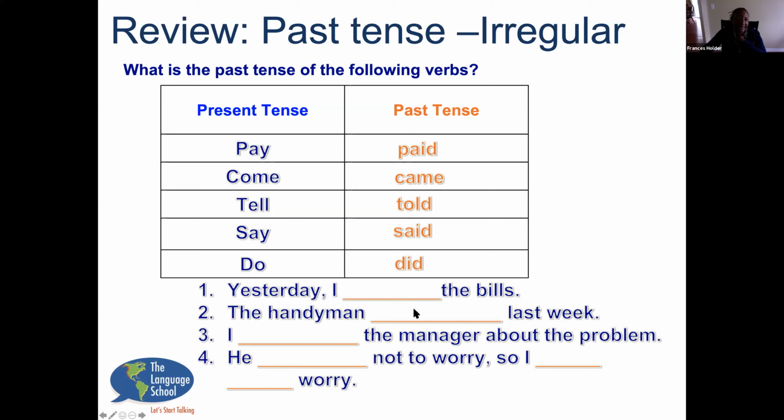So let's put the most appropriate verb in the past tense form to fill in these blanks, to complete these sentences. So yesterday I paid the bills. Number two, the handyman.